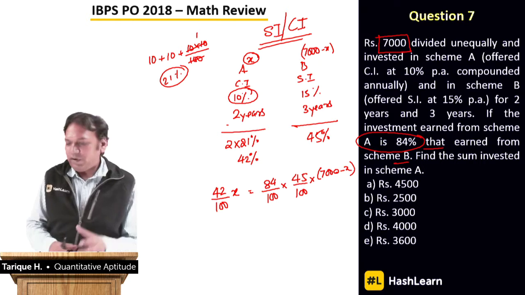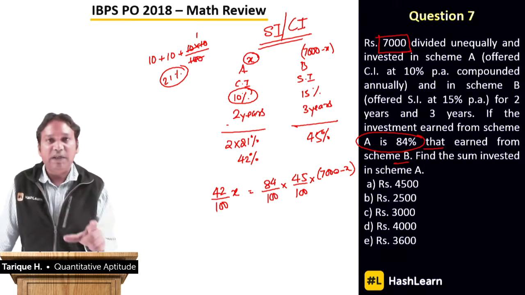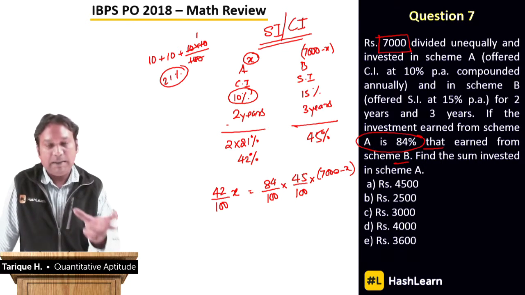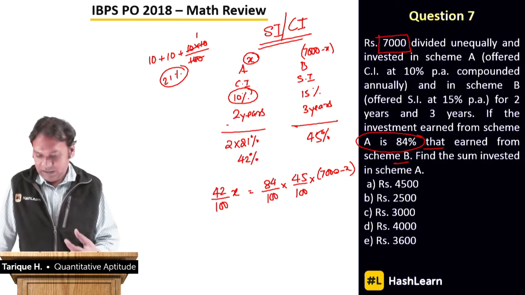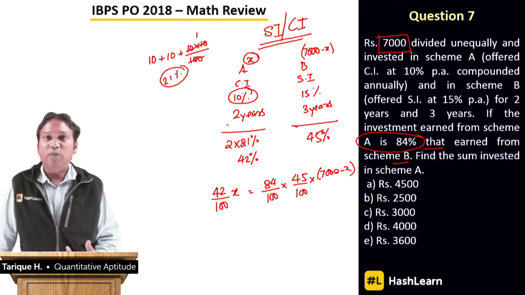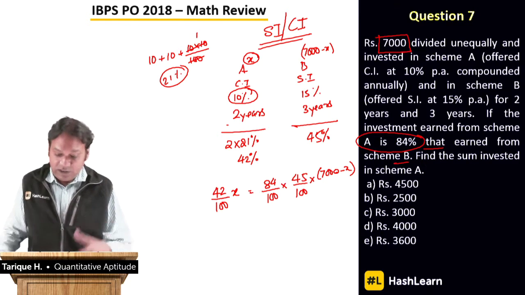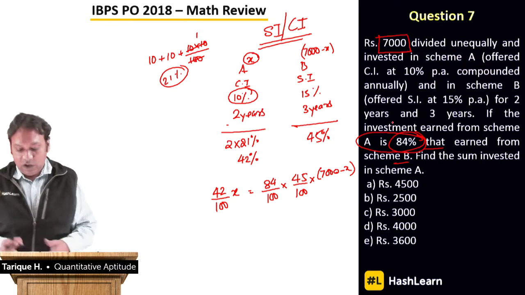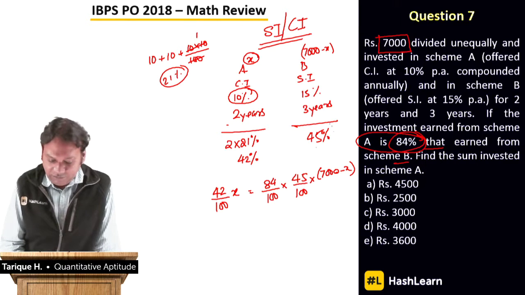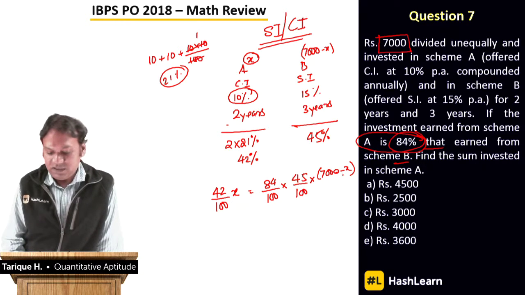I am earning 42% from whatever principal I am investing in scheme A, let that be X. So 42% of X should be equal to 84% of what I am earning in scheme B. And how much am I earning from scheme B? I am earning 45% from scheme B.